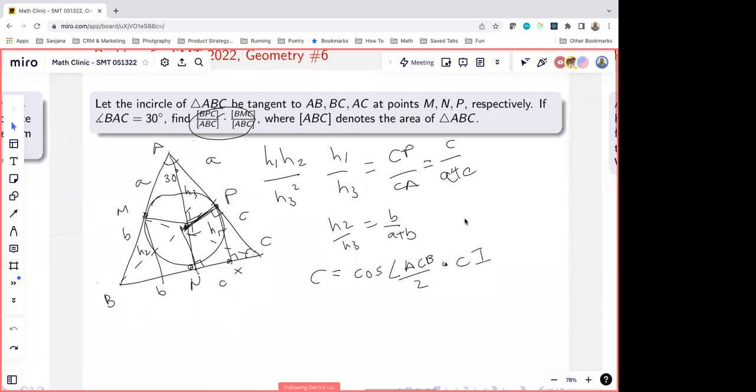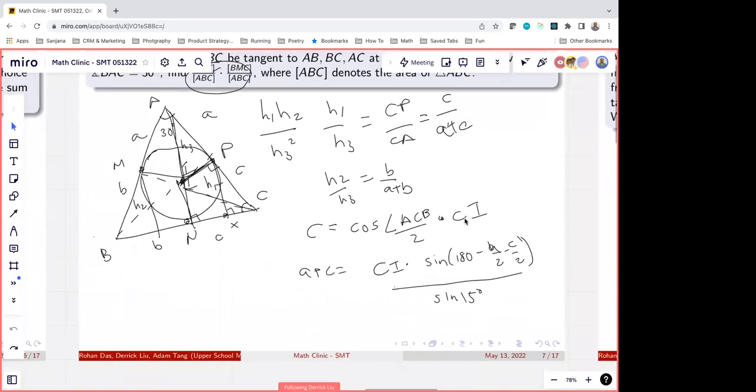And then if we look at triangle AIC, which is this triangle here, we notice that A plus C is equal, and we use law of sines, of course, to CI times sine of 180 degrees minus A over 2 minus C over 2, divided by sine of 15 degrees. And we can repeat this process for h2 over h3.